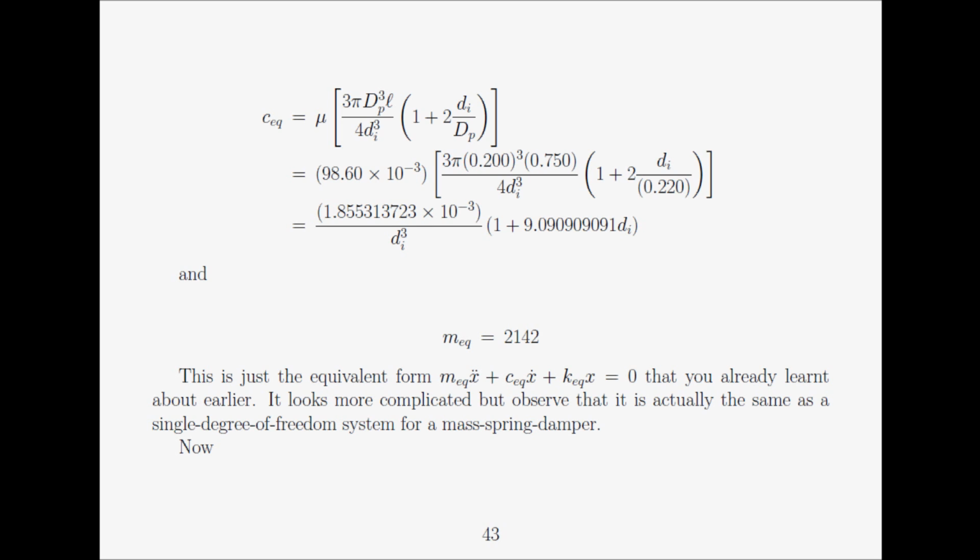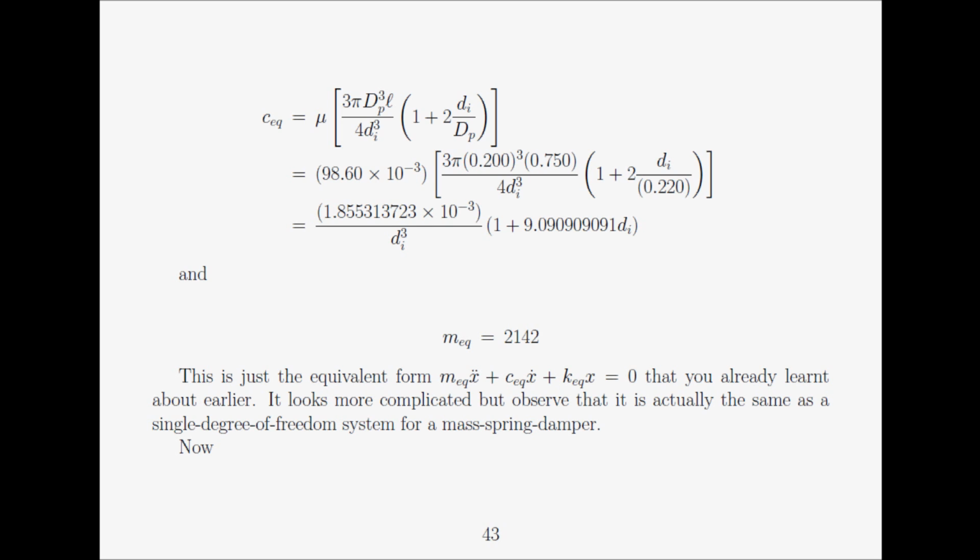So we've got the system: a mass, a spring, a damper. This is in the standard form m x double dot plus c equivalent x dot plus k equivalent x is equal to 0. This is a standard single degree of freedom system that we'll use to analyze the problem over there.